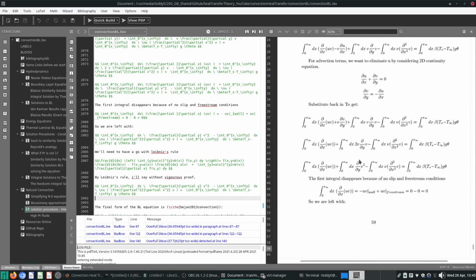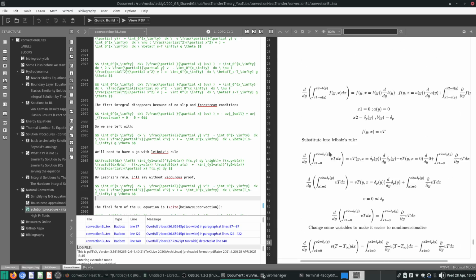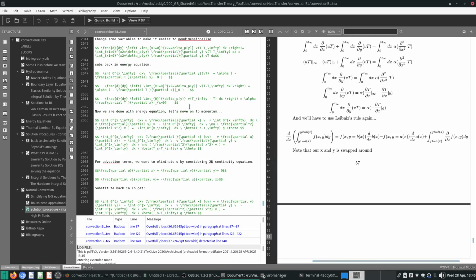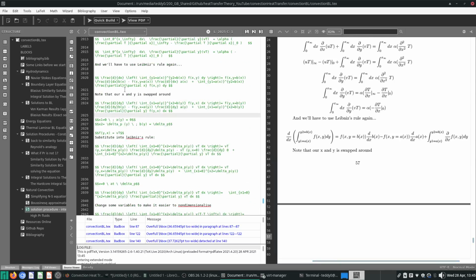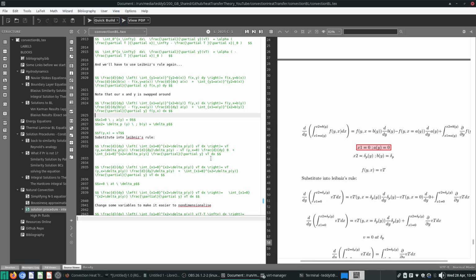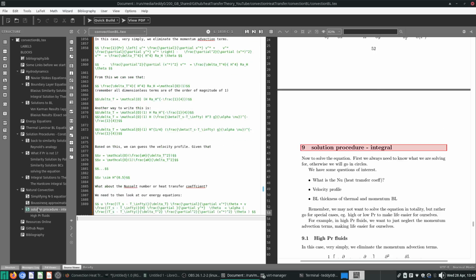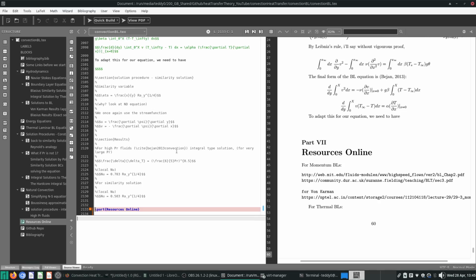Let's go back up to where we did the Leibniz rule, and I'll copy and paste. So maybe it's not that tedious because I did most of the work before.